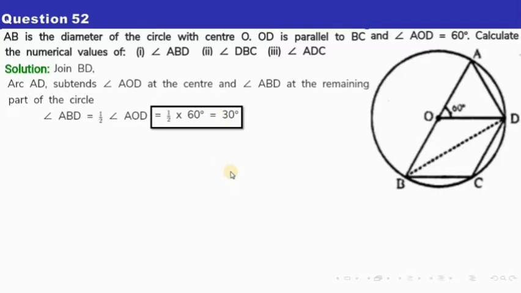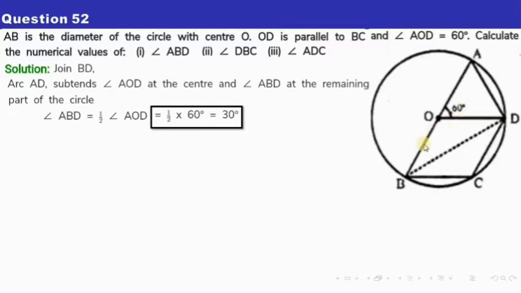Now let's move on to the next part, that is DBC. Let's see where my DBC is. DBC means we have to calculate this angle. Now we came to know about this angle just now, isn't it? Now let us have a look at this triangle. Both OB and OD are my radii, so they are equal.